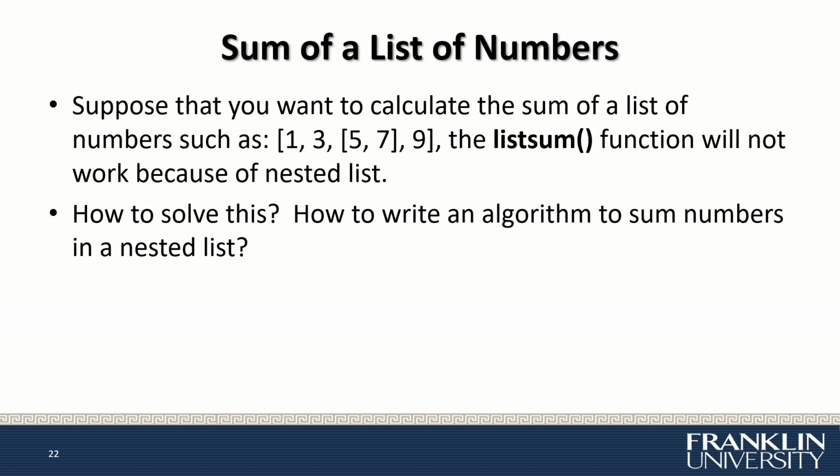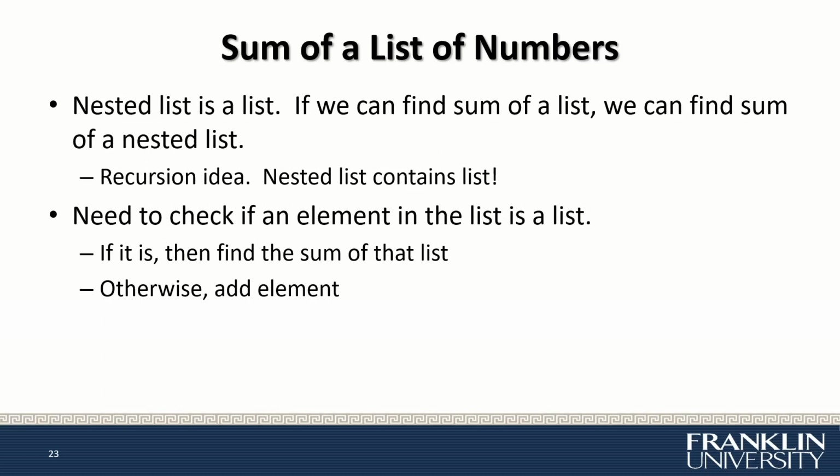But how would you solve this? How to write an algorithm to sum numbers in a nested list? Well, a nested list is a list. So if you can find the sum of a list, you can find the sum of a nested list. And this is where recursion really comes in very handy.